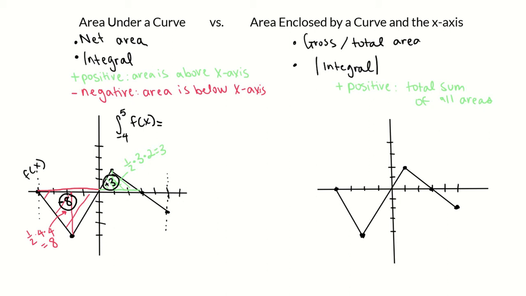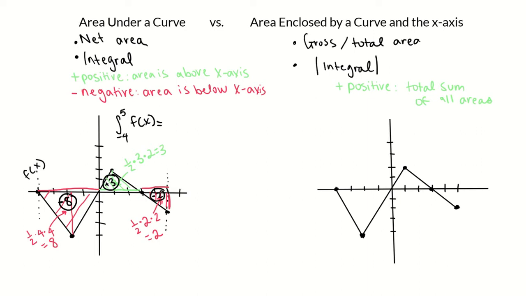And then finally, this piece here, again, is a triangle, so half the base, which is 2, times the height, which is also 2, gives half of 4, which is 2. So our area for this final little triangle piece is -2 because the area is below the x-axis.